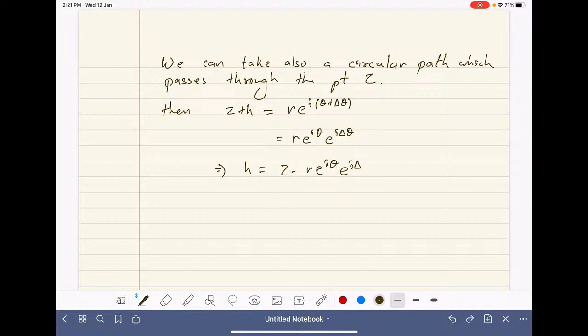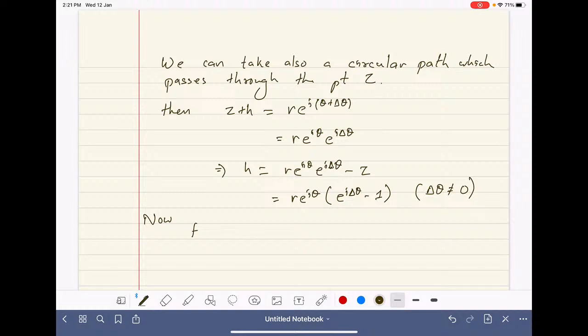Sorry, h equal to r e power i theta e power i del theta minus z. So this becomes r e power i theta times e power i del theta minus 1, where del theta is not equal to 0.